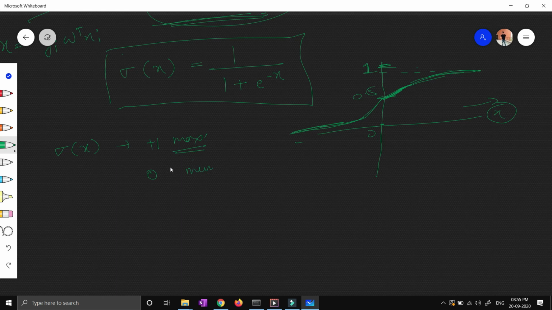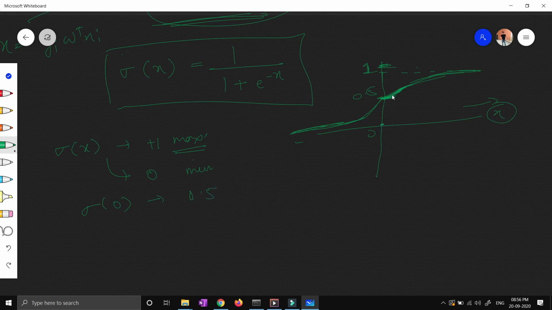Minimum value is 0, right? And if my point is totally in the plane, then this particular value will be 0.5 over here.